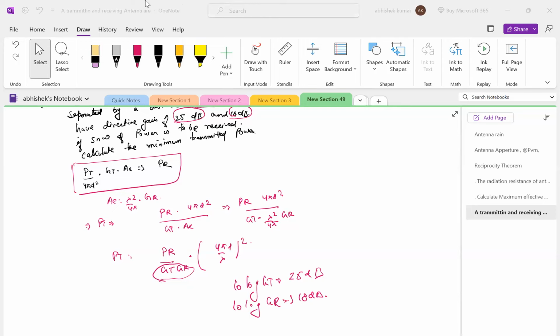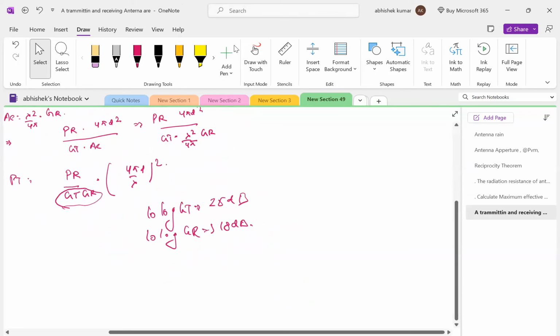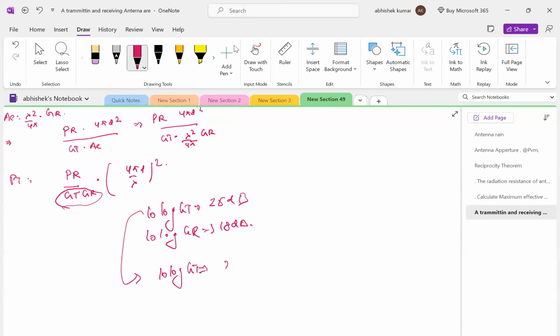I forgot how to convert that on the calculator. Okay, you can check it, but these things you have to know. 10 log GT is 25 dB, then you can write log GT is equal to 2.5.